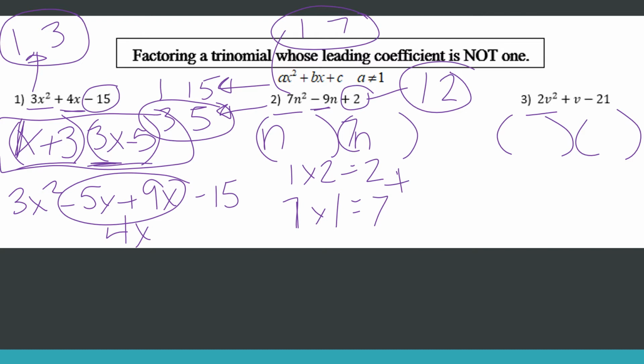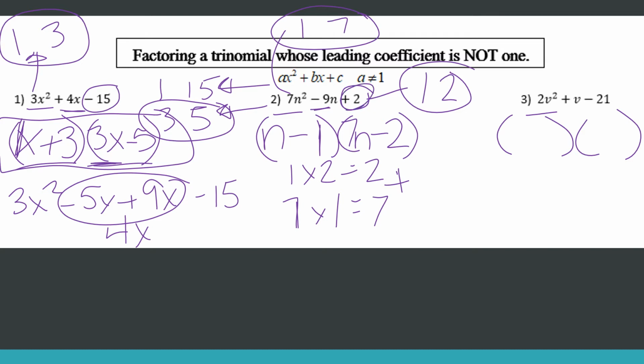Okay, so that means I'm using 1 and 2. So I had 7 times 1, so that means a 1 has to go here because those will get multiplied, and the 1 times 2, that 2 has to go here. And I want a negative 9, so if I had to add them, they both have to be negative, which makes sense because a negative 1 times a negative 2 is going to give me that positive 2 here at the end.